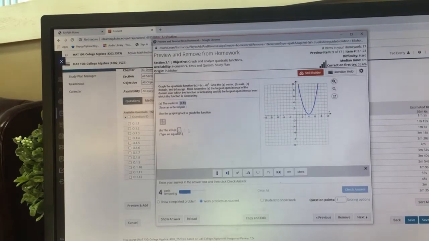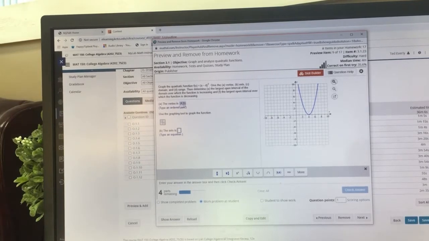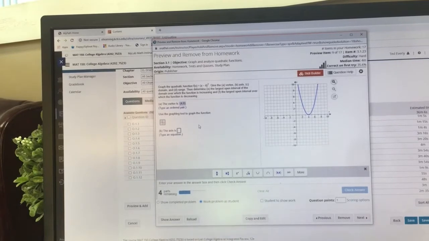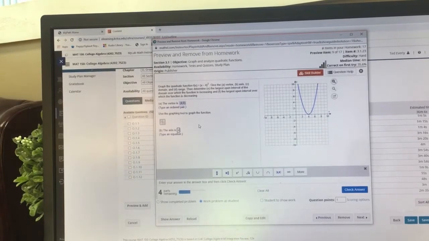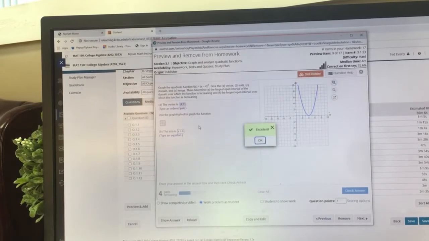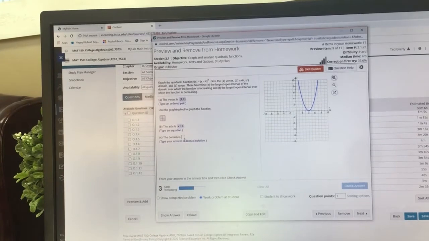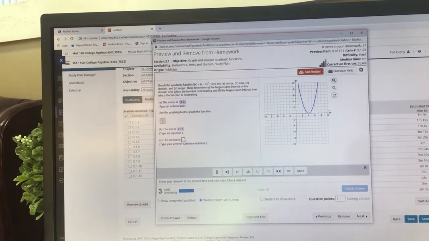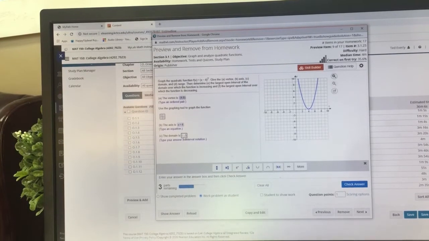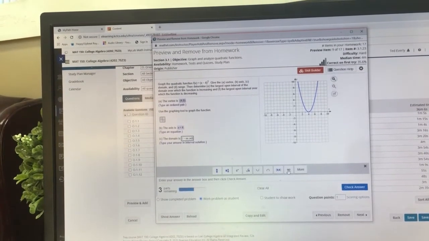Now, what's the axis here? Well, it's at 4. Actually, your axis is always going to be the x value of the vertex. So this should be x equals 4. And then the domain, every one of these is going to be -infinity to +infinity.